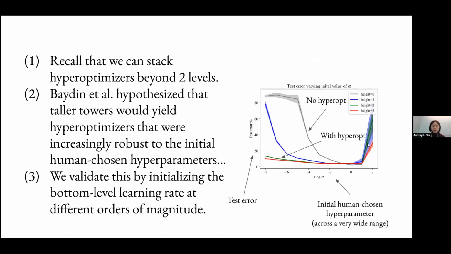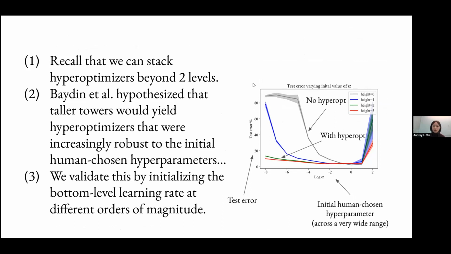Referring back to the Baydin paper, they hypothesized that stacking hyperoptimizers would make them increasingly robust to the initial human chosen hyperparameter. And our experiments validate this by initializing the bottom level learning rate to different orders of magnitude.